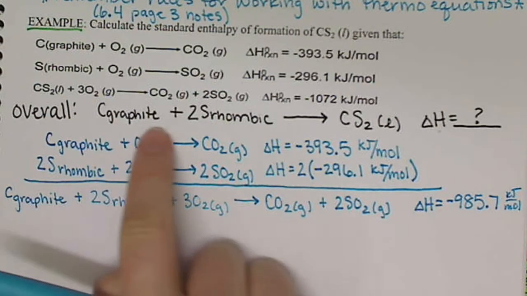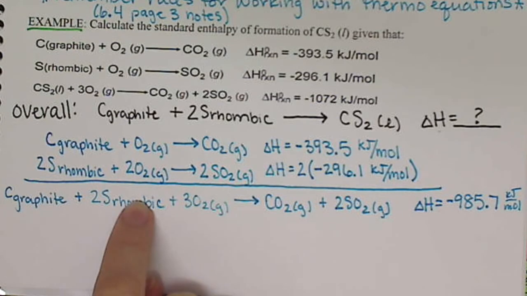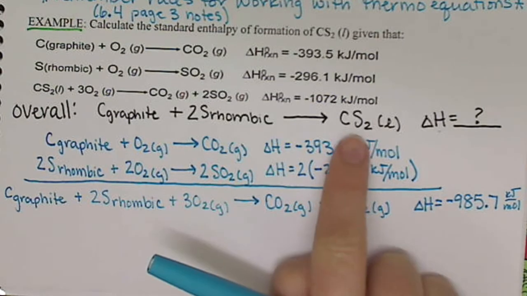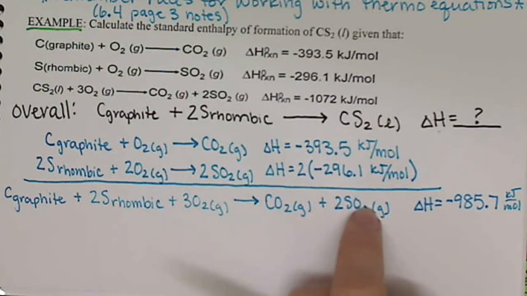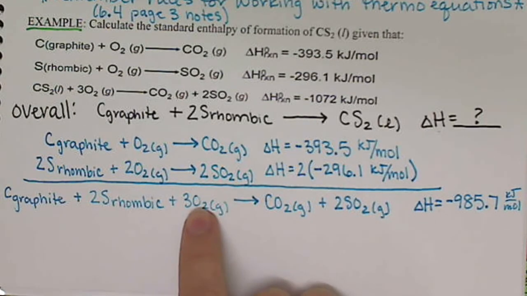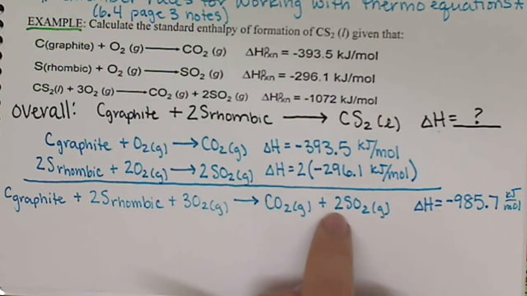So looking at my overall equation, I have my carbon graphite, I have my 2 sulfur rhombics, but I don't have my carbon disulfide, my CS2. I don't have that in my products, and I have these extra things in my reactants and products. So I need to get rid of 3 oxygens, I need to get rid of my carbon dioxide in my products, and I need to get rid of my 2 sulfur dioxides.